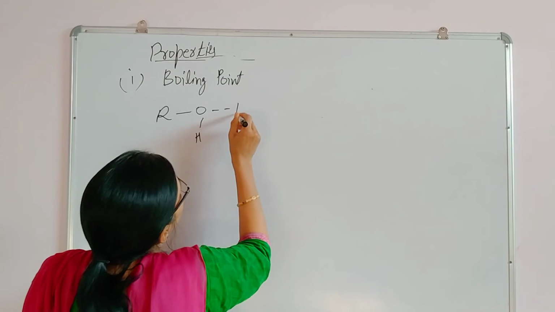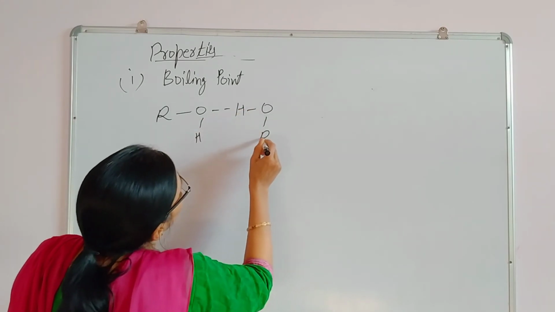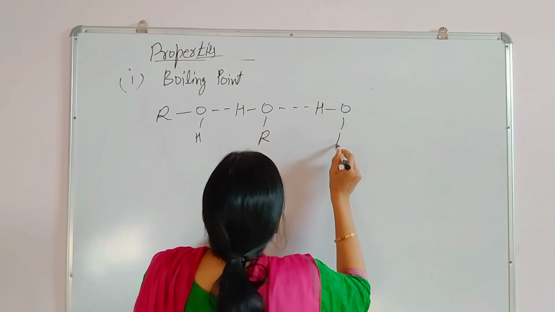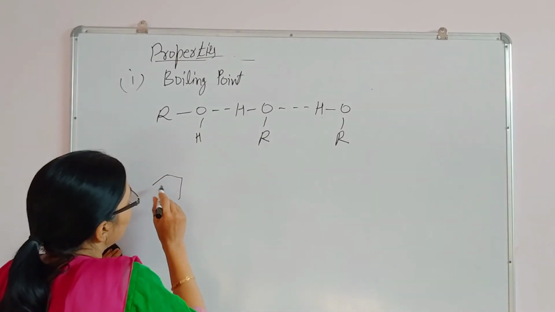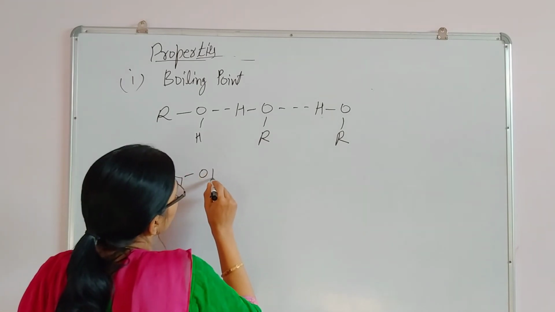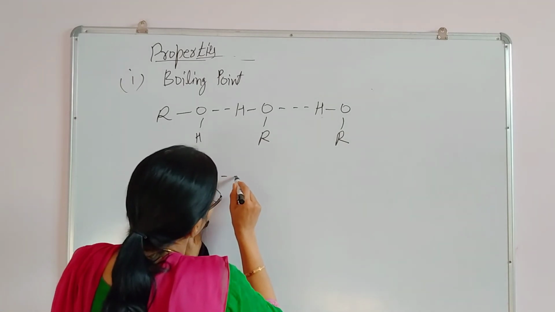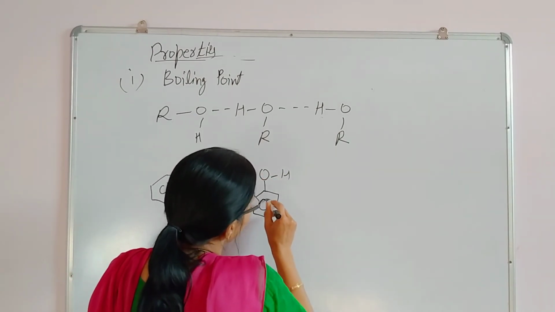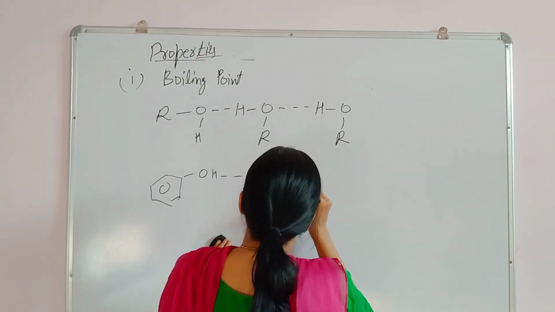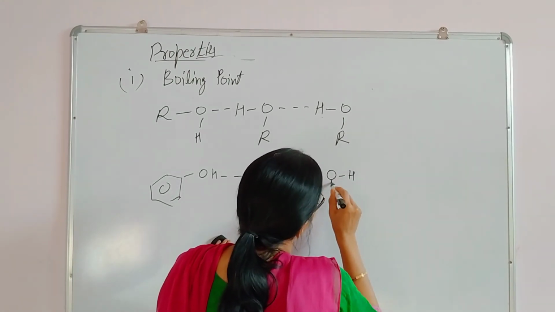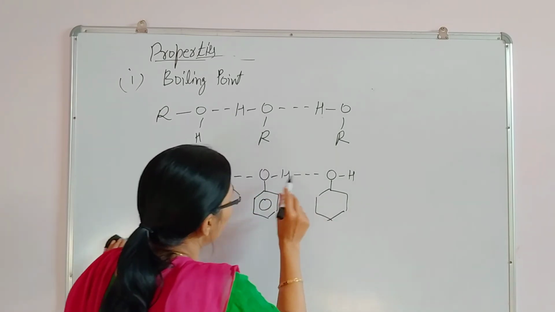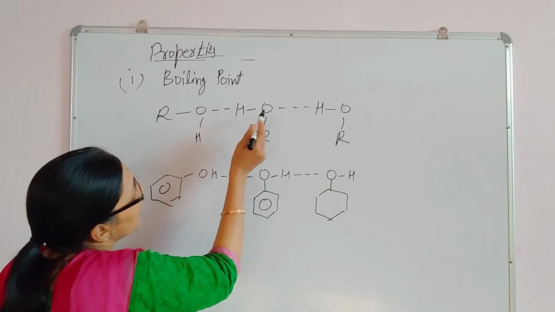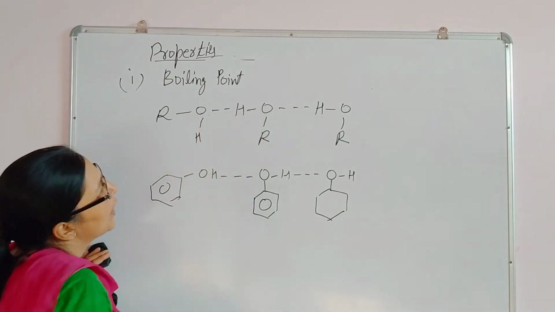This is alcohol. Phenol, suppose you are taking. Then also, point to be noted when you are drawing hydrogen bonding, oxygen attached with hydrogen bonding, and this is the real covalent bond of alcohol.